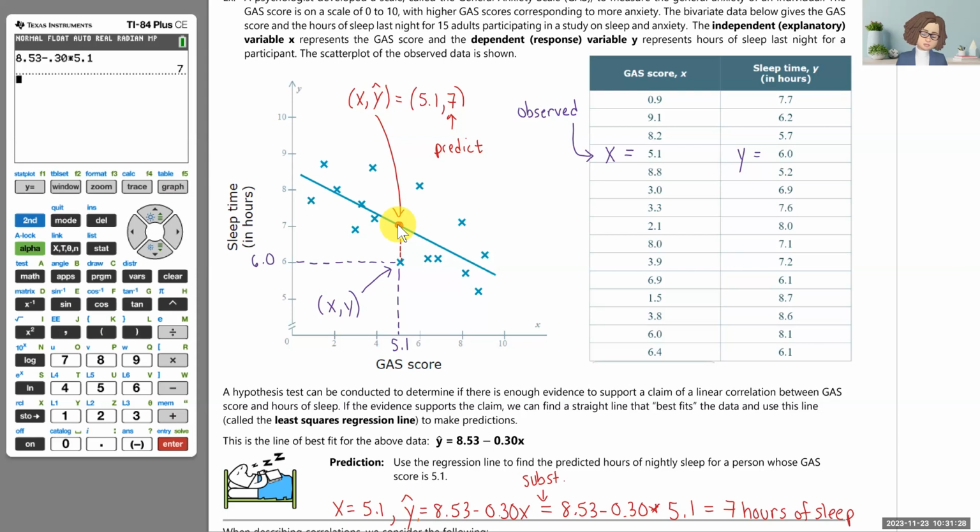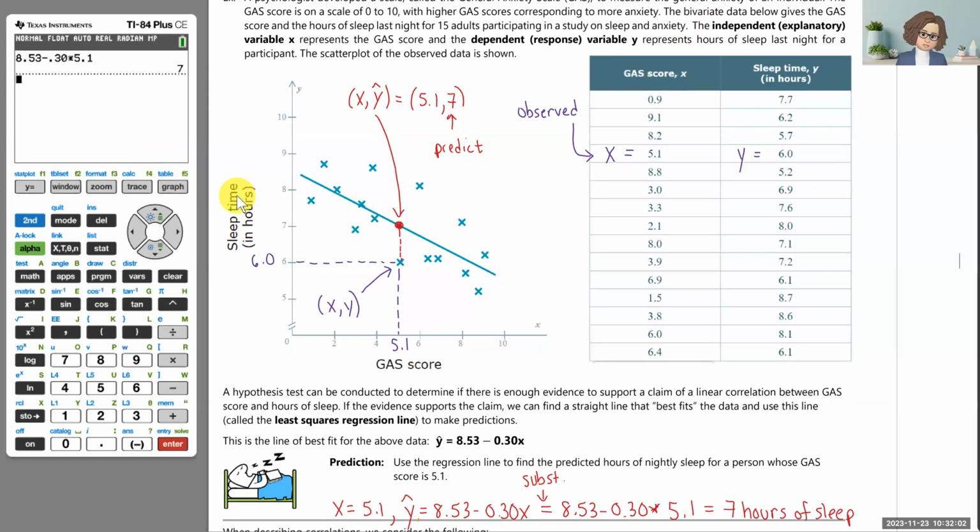So there's going to be variation in the data that is not described by the GAS score, but other factors. So for example, health or diet or habits before bedtime could all affect sleep as well. So we recognize that there are other sources of variation in sleep, but here it's our best effort based on these 15 participants to try to understand a trend based on anxiety.